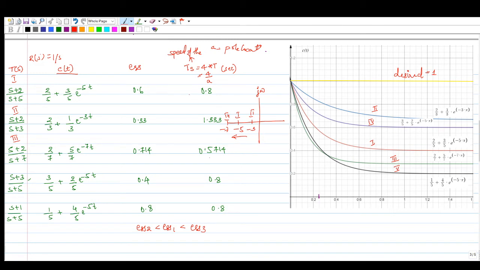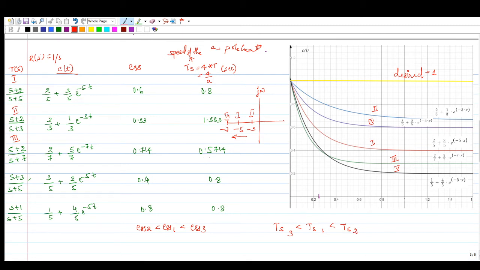From the table, you can see that the settling time of the third system is less than that of the first system, which is less than that of the second system.